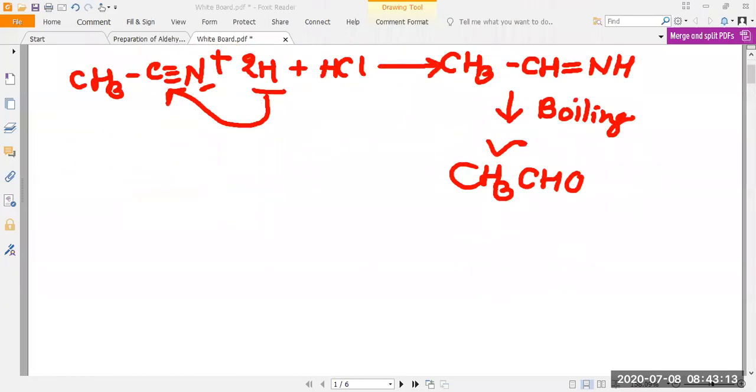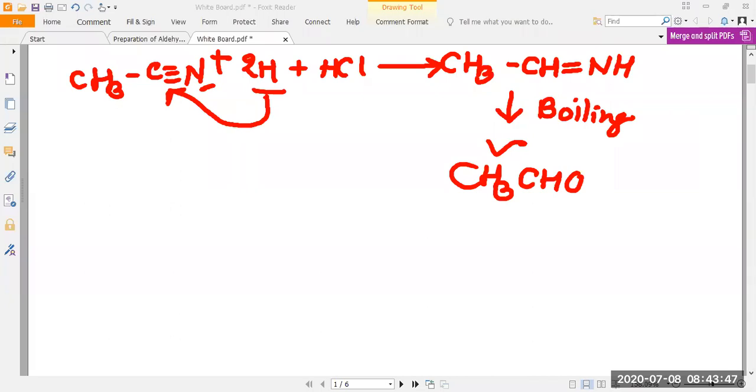If it is clear, then we take another example. In another example, C6H5CN reacts with 2H in the presence of HCl, and the same dry ether I have to take here.